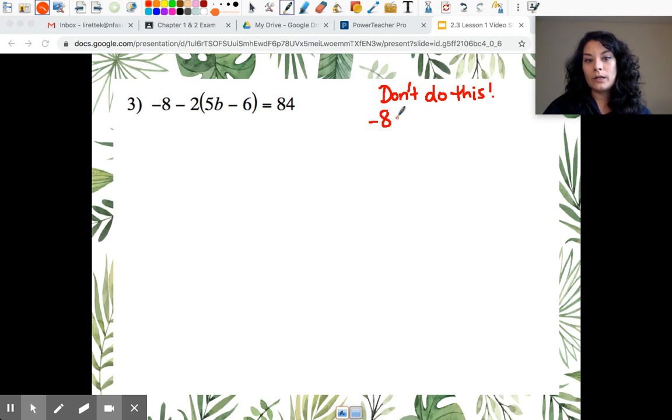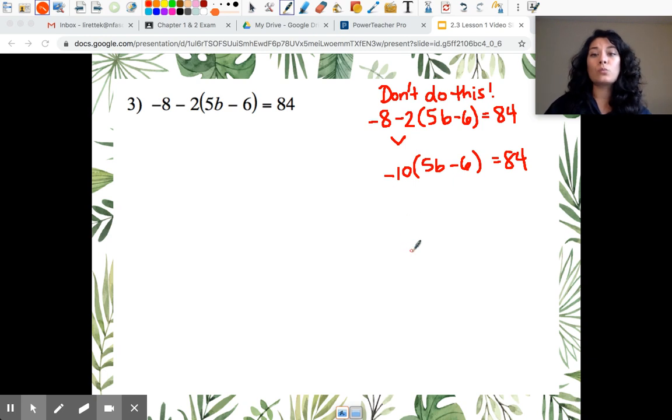Okay, I'm going to rewrite the problem and show you guys what I see some of my students doing sometimes. Some of my students want to combine these two numbers out here and get a -10 and then distribute. Okay, this is wrong. You cannot do that.